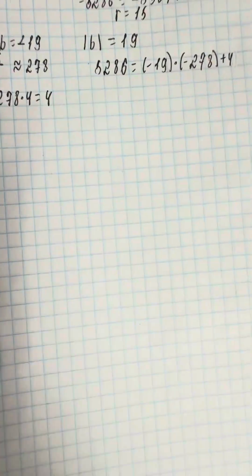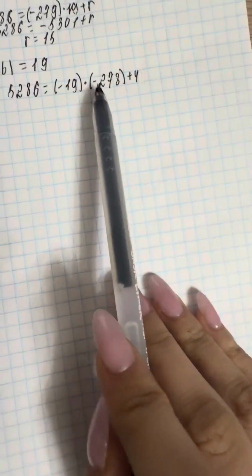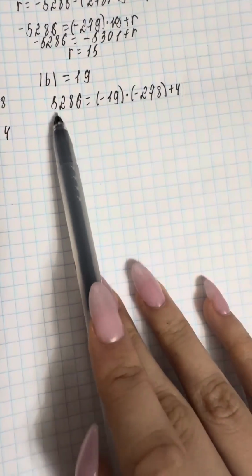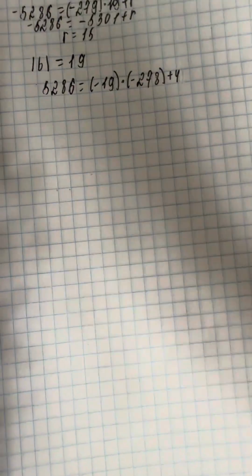And after this, we use the A formula to keep the same remainder, and use the negative divisor, and we change the sign of the Q, and after the positive we have negative 278, and we add the remainder equal to 4 and have the same result, 5,286.